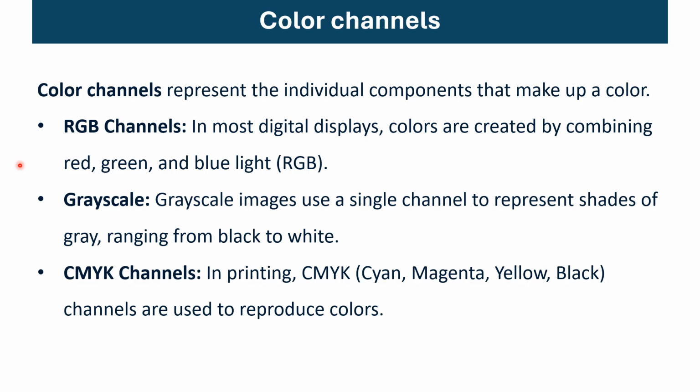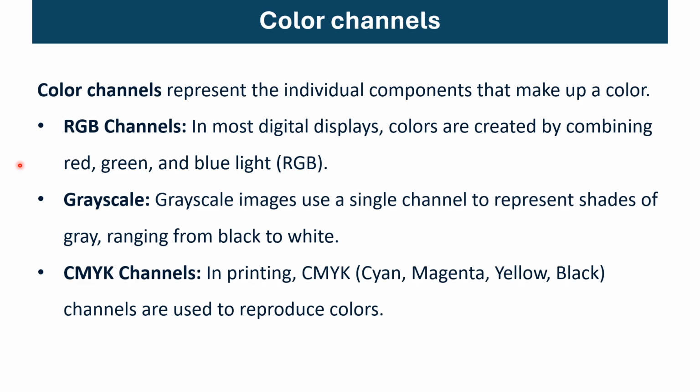So in most digital displays, colors are created by combining red, green, and blue light. All the colors that you see in digital displays are formed by the combination of RGB. So the clarity of these displays, their representation of color, will depend on the bit depth of a color.